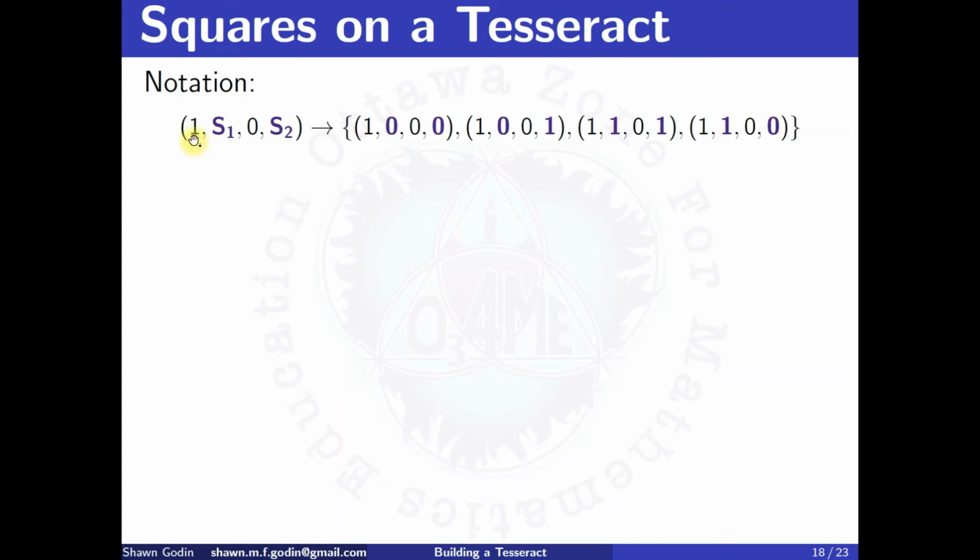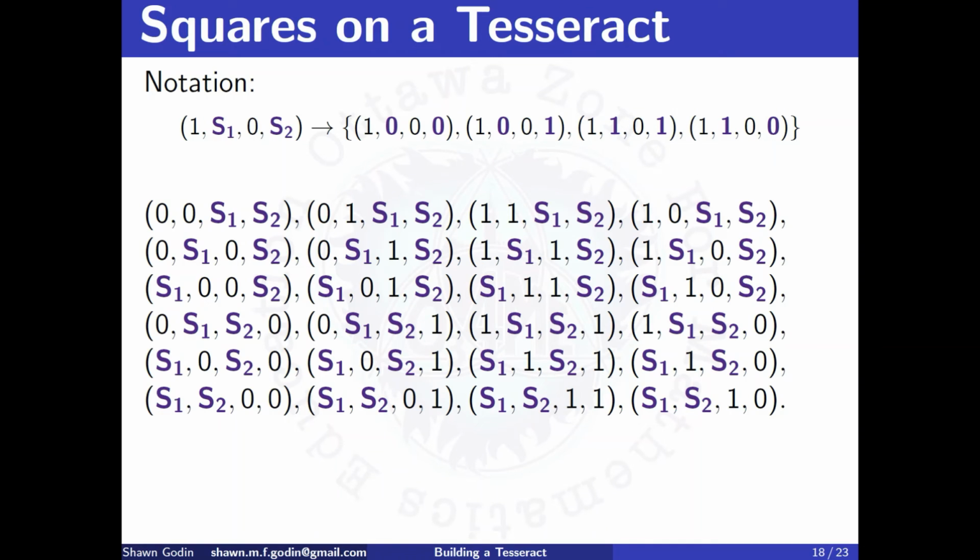I'm going to write 1, 0 in the first and third coordinates to show that those 2 coordinates are fixed. And I'm going to use S1 and S2 to show that the coordinates of the square are going to occupy those 2 positions, but that really represents the 4 different possibilities. So using this sort of compact notation, here's our 24 different squares on a tesseract.